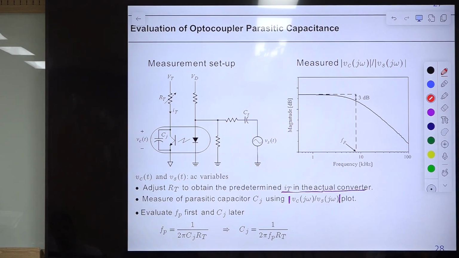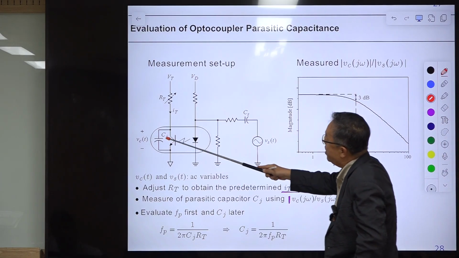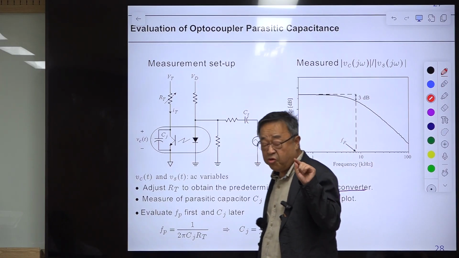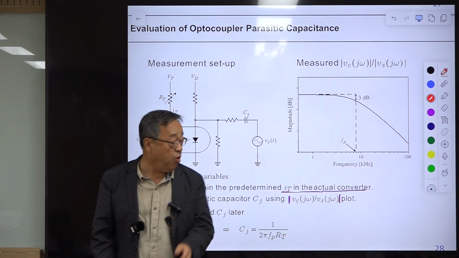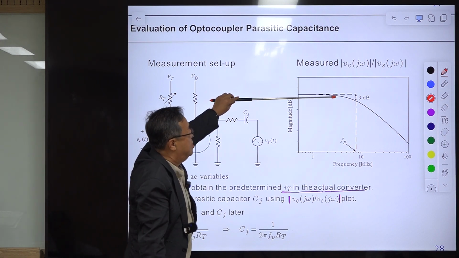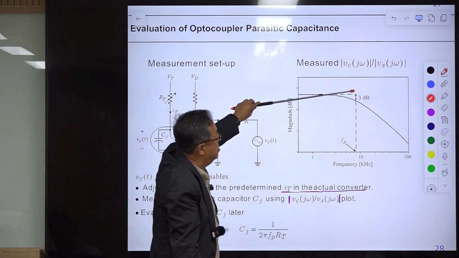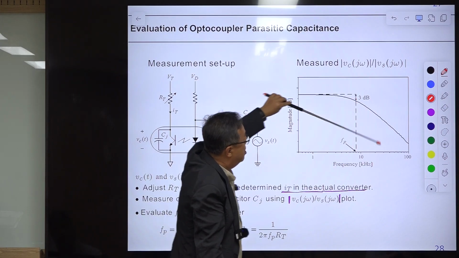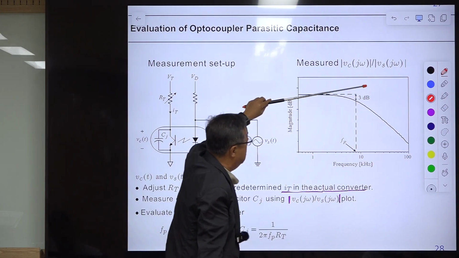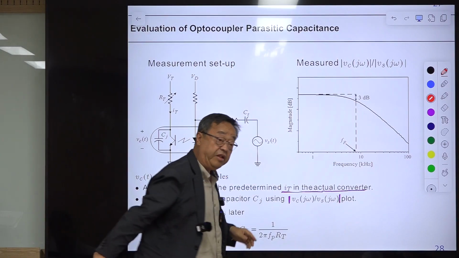Okay, then you measure the frequency response of this, and the CJ and this RT form a low frequency single pole. So there is a pole. This is the DC value, and there is a 3 dB dip here, and the slope is minus 20 dB per decade. So this is experimental data.